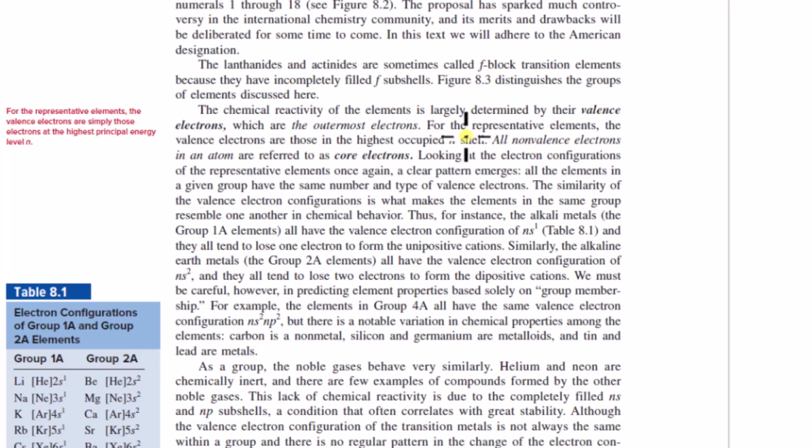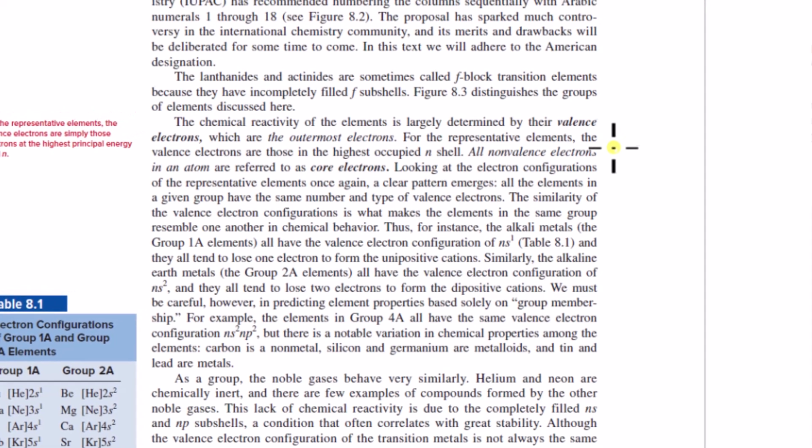Okay, for the representative elements, the valence electrons are those in the highest occupied n shell. With the representative elements, it's actually really simple. You just go to the highest principal quantum number in the electron configuration, and those are the outermost electrons.